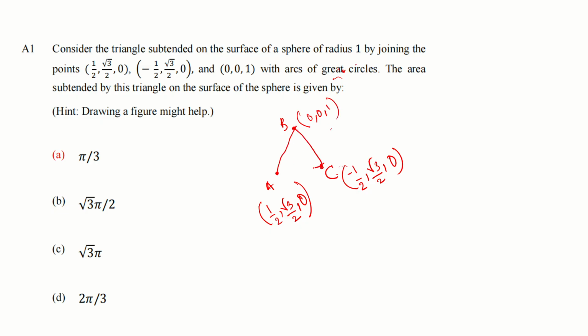This triangle is subtended by a sphere, right? With the great circles, we need to find the area of this triangle on the surface of the sphere, right?